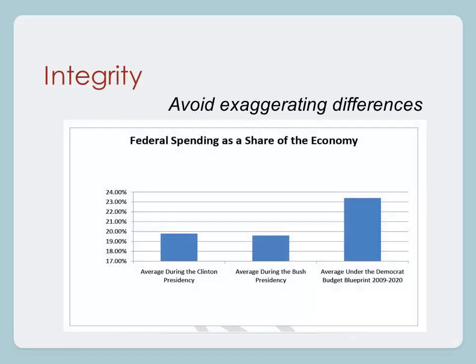Another component that McCandless invites us to consider is integrity, and this is probably the most important component, considering that the truth of what we represent is essential to make good decisions.